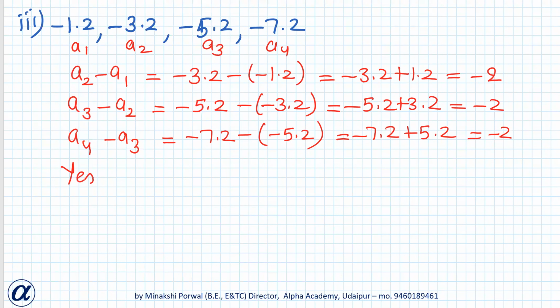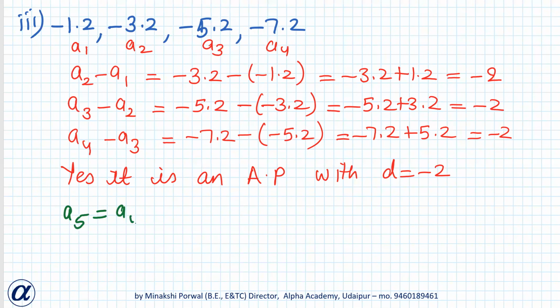So yes, it is an AP with D equals minus 2. Okay, and next terms will be A5 equals A4 plus D. A4 is minus 7.2 minus 2, so it will be minus 9.2.